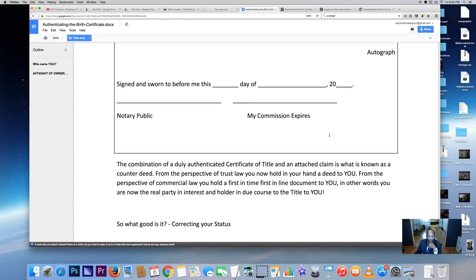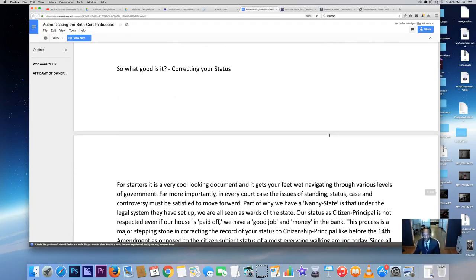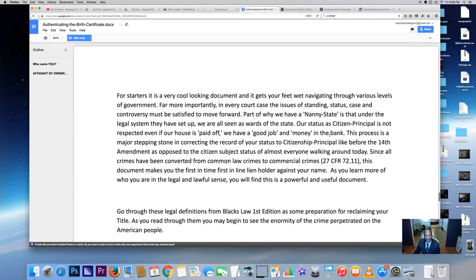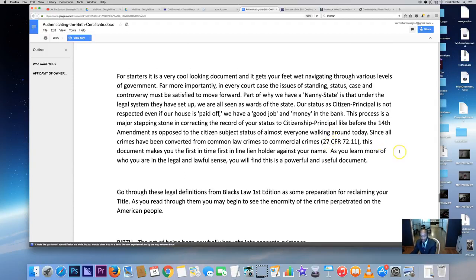In other words, you are now the real party in interest and holder in due course to title to you. Now that is status correction. And shout out, with all due respect, to Jonah Bay for putting all this information together and making this process and remedy valid.